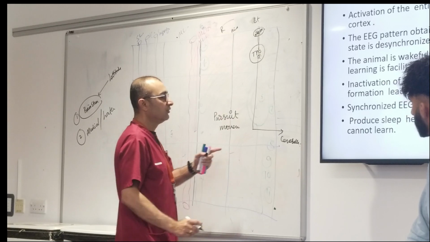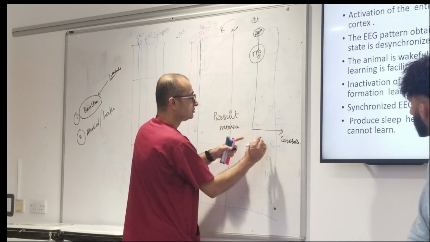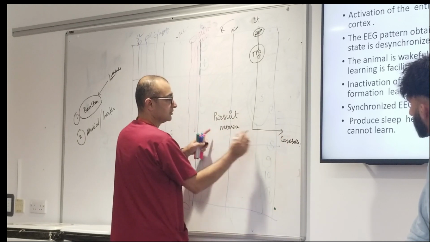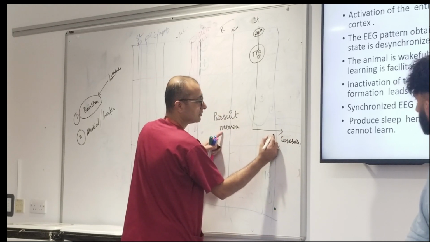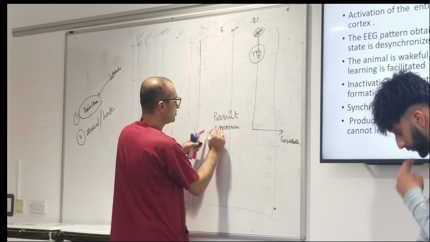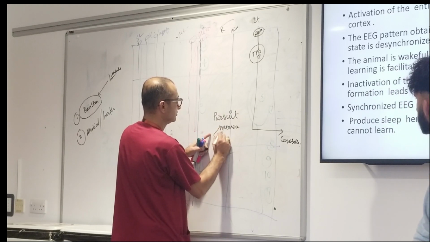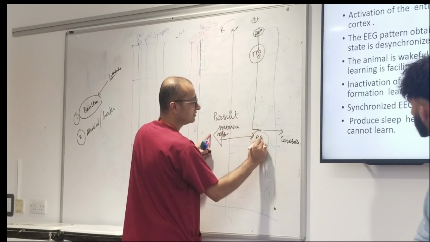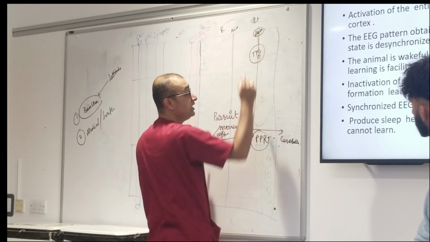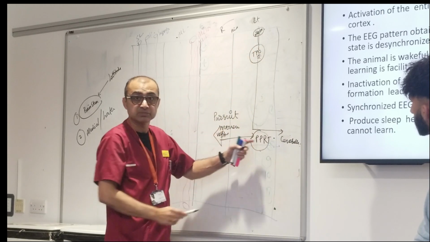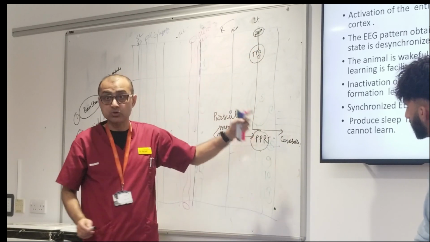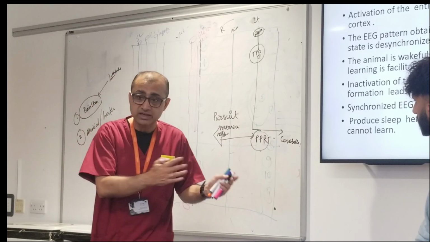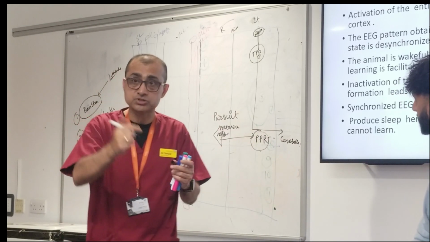From the cerebellum it will go to the vestibular nucleus on the opposite side, and from there it will come to the PPRF. So eventually it is controlling the same side, whereas in the saccade it was the opposite side. So it goes to the cerebellum, comes back to the PPRF and causes the movement.